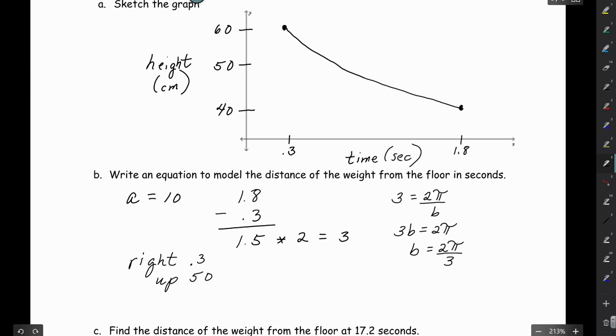All right, so we have everything we need now to write our function. The height over time is equal to our amplitude, 10, times cosine, since we were told it's a cosine curve. B is 2 pi over 3. This function is moving right 0.3, so it's going to be t minus 0.3, and our center is at plus 50.